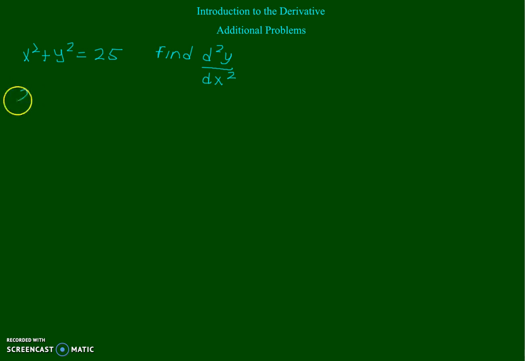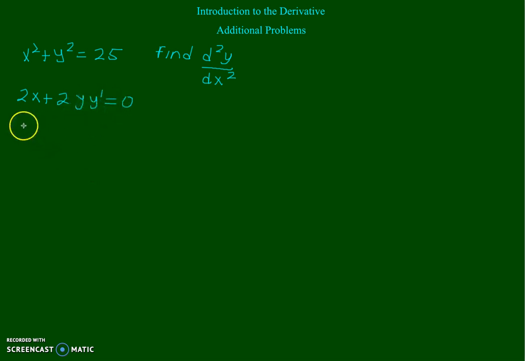So this is 2x plus 2y y prime equals 0. Now we have to solve this for y prime.